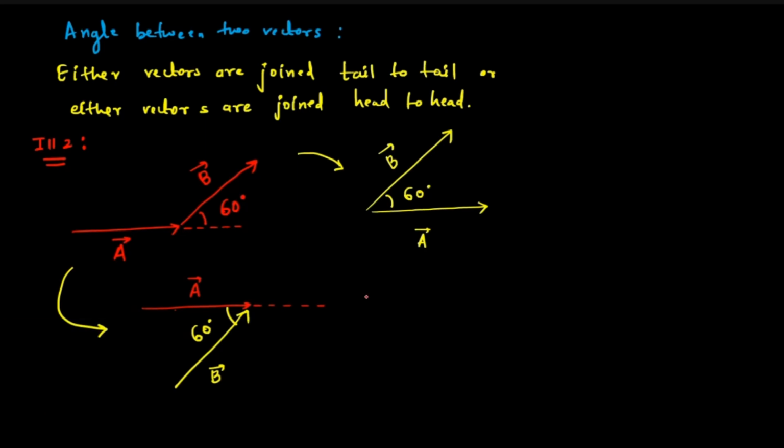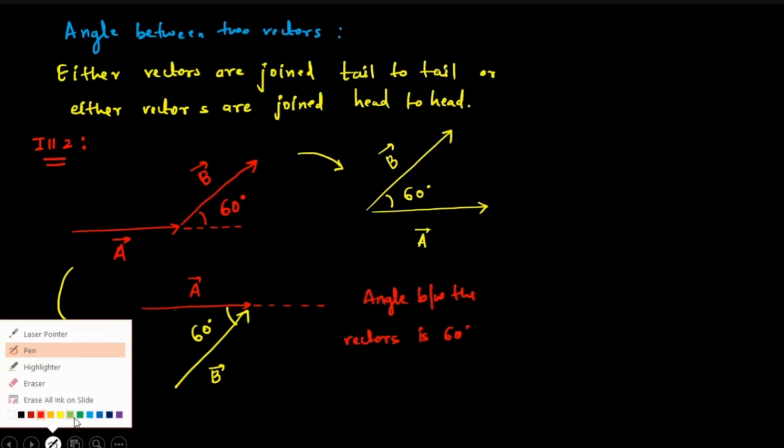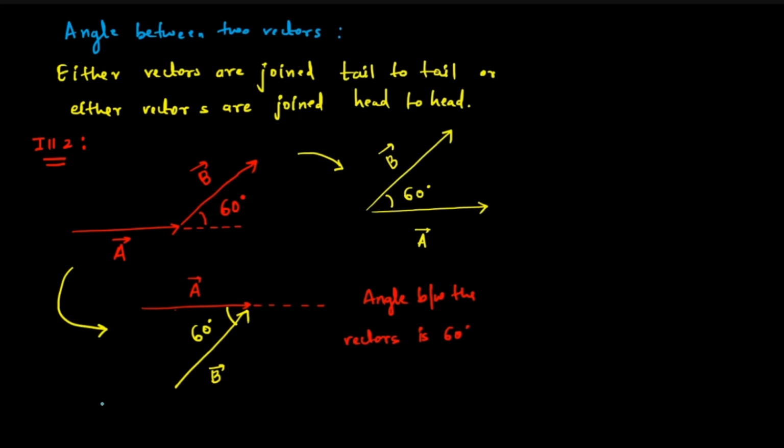We'll simply write, angle between the vectors is 60 degrees. No matter the orientation of the vector, the angle will always stay the same. Just try this out now and tell me what is going to be the answer.